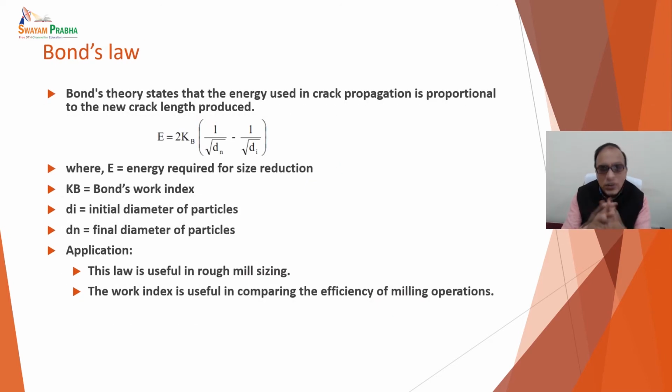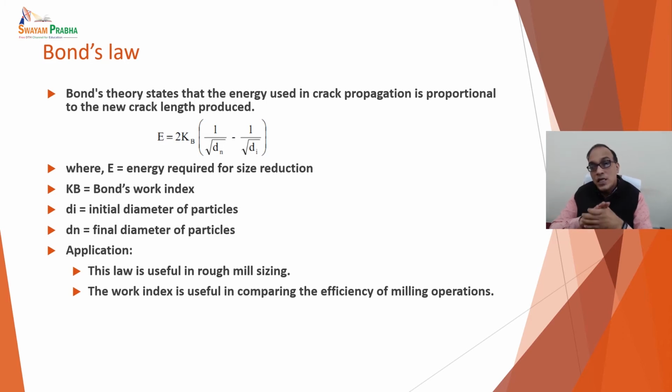Now let's move to the third law, that is Bond's law. Bond's theory states that the energy used in crack propagation is proportional to the new crack length produced. So the crack is the basis here.